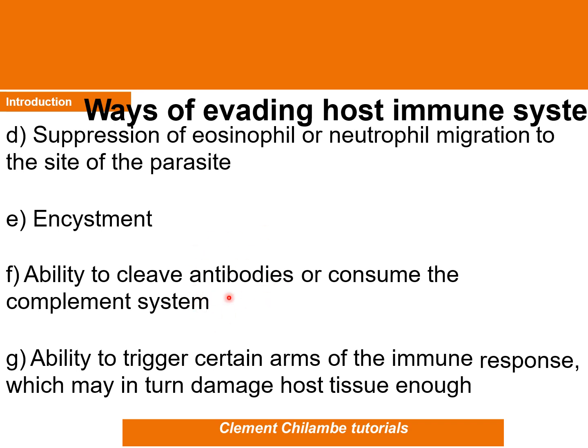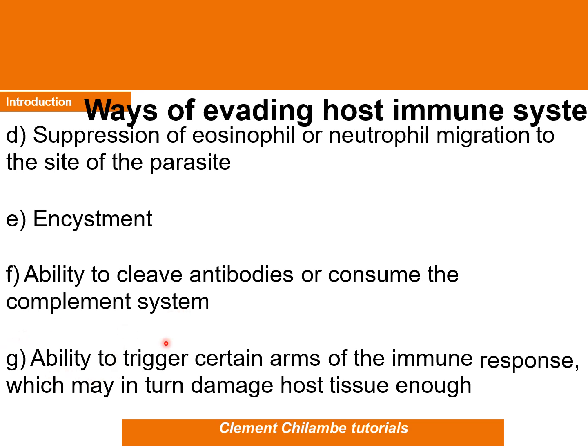And antibodies also play an important role in the immune system. Now imagine if they are cleaved by these parasites, and the complement system is consumed. What's going to happen? The parasite will have the freedom to cause an infection and to weaken the immune system.